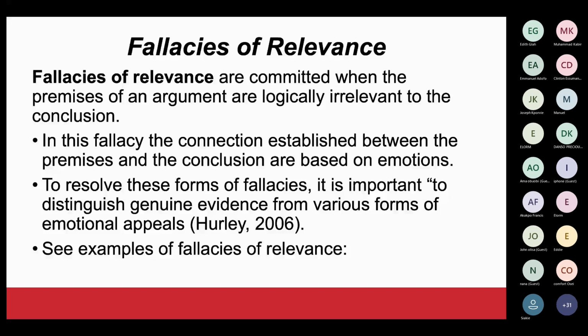In these kinds of fallacy, the connection established between the premises and the conclusion is based on what? Emotions. That is why they are irrelevant. So if you look at all the types of fallacies that we looked at under fallacies of relevance, they were based basically on emotions.